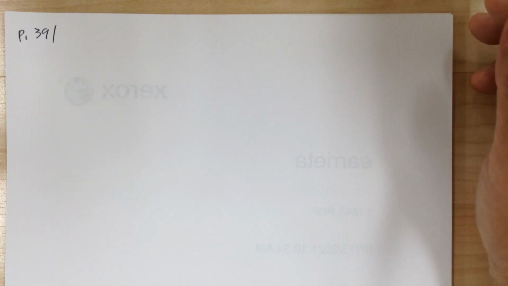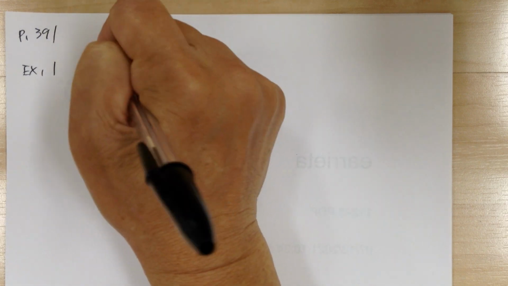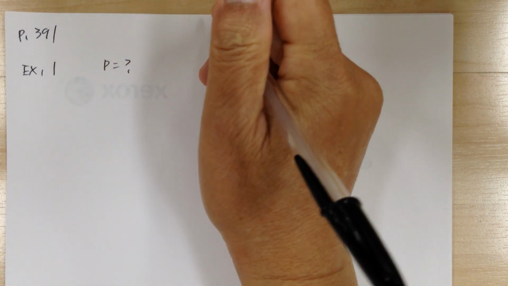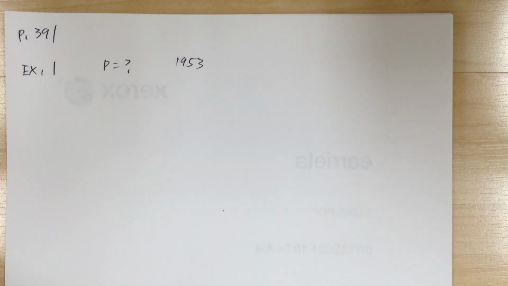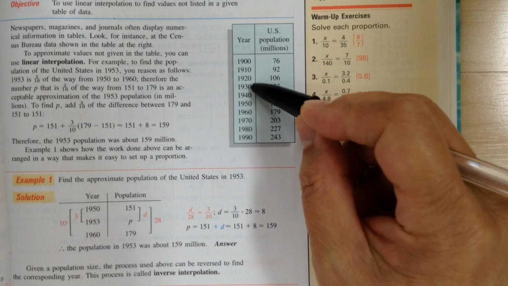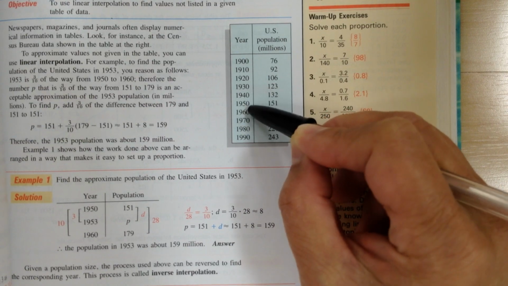Let's go to example 1. It says find the approximate population in the year of 1953. If you look in the table, notice there's a 1950 and there's 1960, but there's no 1953.